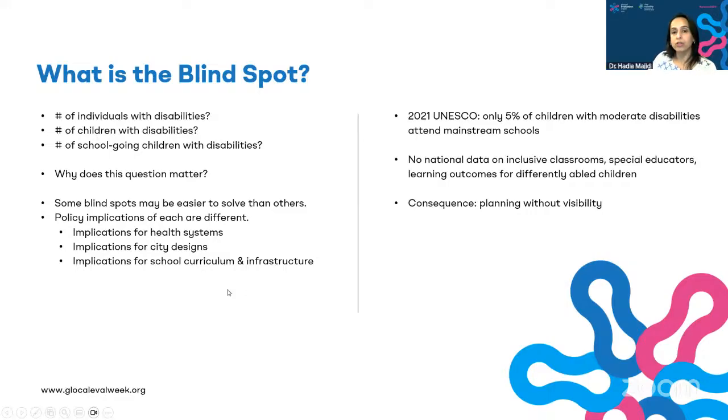curriculum and infrastructure better. If I don't have national data on school-going children with disabilities, then I can't really think about inclusive classrooms. I can't really think about special educators, or really start going one step ahead and thinking about learning outcomes for differently able children. So the availability of my data is having an impact on the kind of policies that I can design.